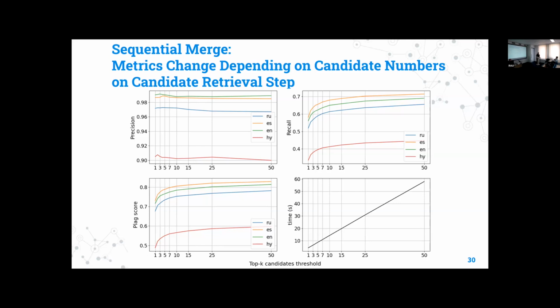The score rises up to top 50 candidates, but at the same time we have a linear dependency of time complexity. With the top 50 candidates for one document, which you can interpret as one Wikipedia article, we spent about a minute to find the plagiarism.